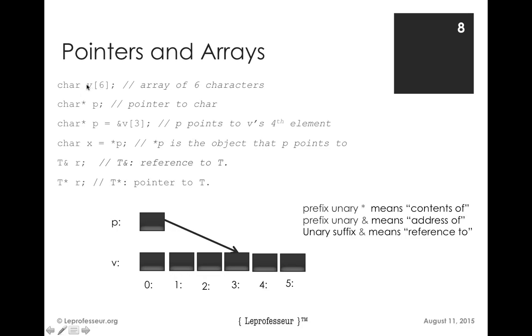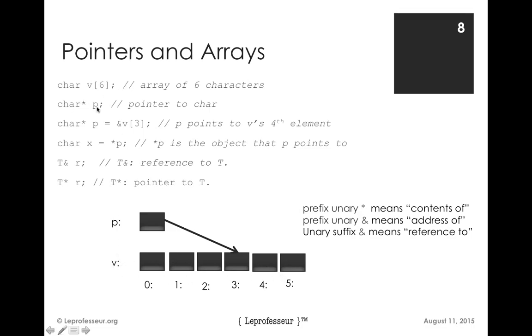Good. Now v6 means 6 elements or 6 memory units. Each unit is holding one character, as in this figure, and we are indexing from 0. So 0, 1, 2, 3, 4, 5, 6 units.